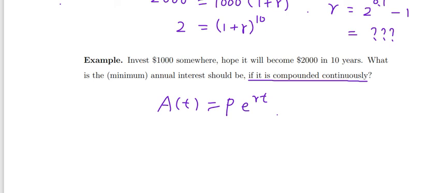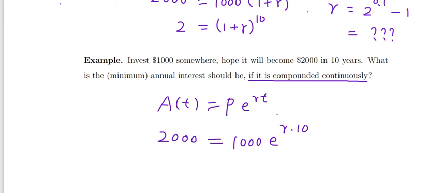So here we deposit $1,000, and after 10 years, we hope the money will become 2,000. So we plug in P equals 1,000. r we don't know. t is 10. So A(t), the amount or my balance after the 10 years, t equals 10. After 10 years, I hope my money will become 2,000.